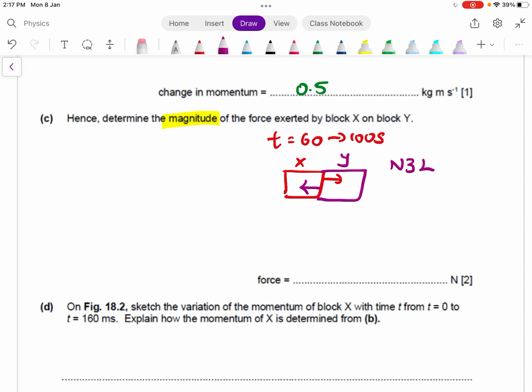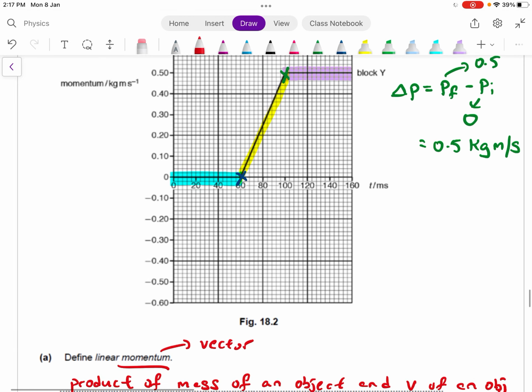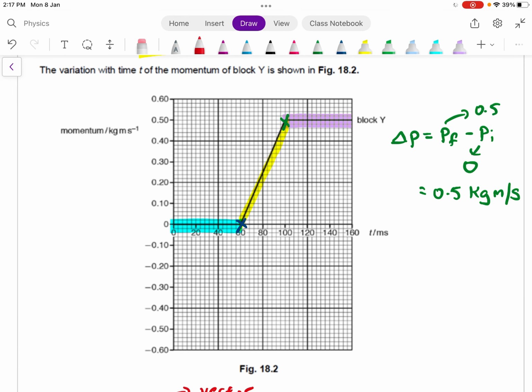We are asked to calculate the force exerted by block X on block Y. How do I calculate this? This is where I need to use F equal to delta P divided by delta T. We know delta P is 0.5. What is the time of contact between X and Y?